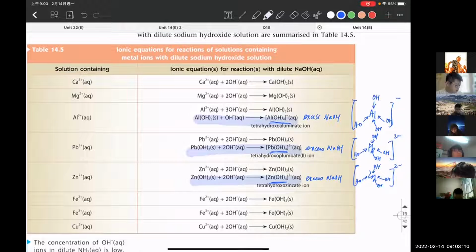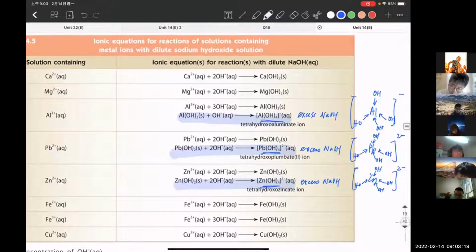What is meant by that? Tetrahydroxyl aluminate. So tetra means 4, hydroxyl means hydroxide, aluminate means that it is an anion. Okay, but we have got aluminium as a central ion.